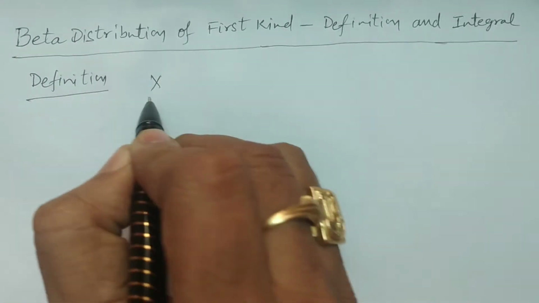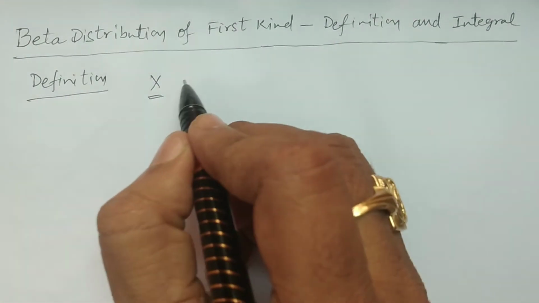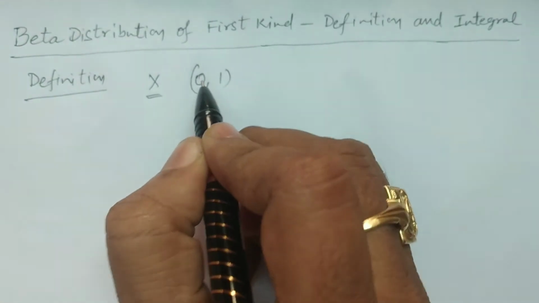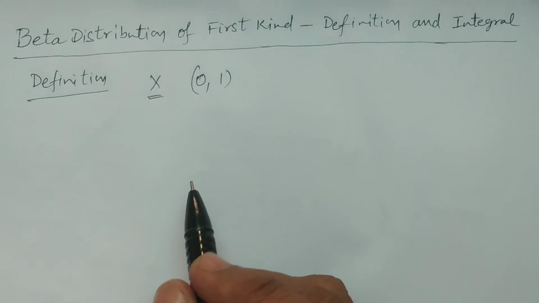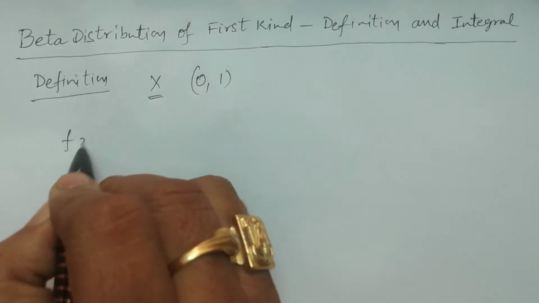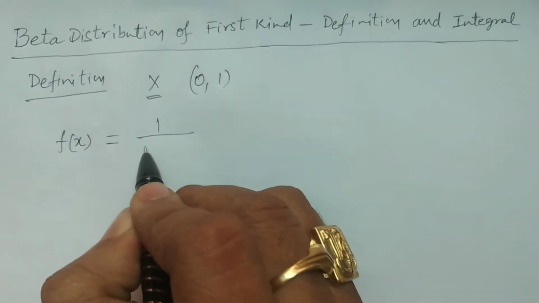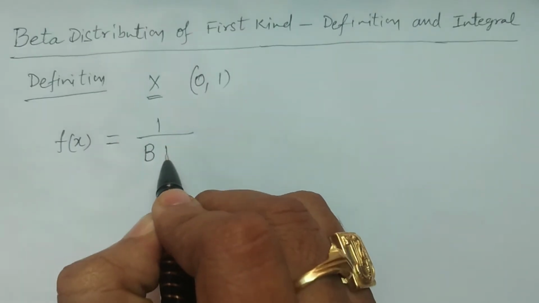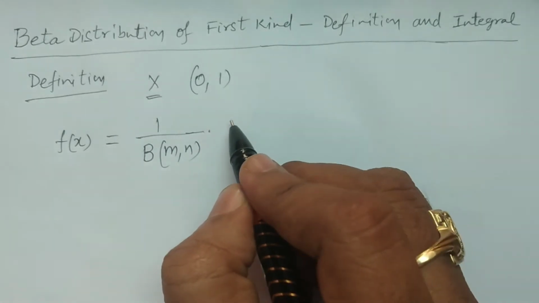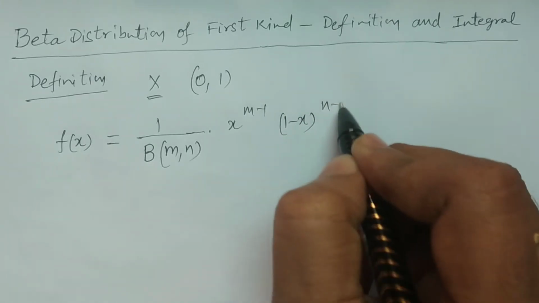For example, if x is a continuous random variable within the interval 0 to 1, that is, it takes values between 0 and 1, with the probability density function f of x equal to 1 by beta(m, n), denoted by B(m, n), times x power m minus 1 into (1 minus x) whole power n minus 1.